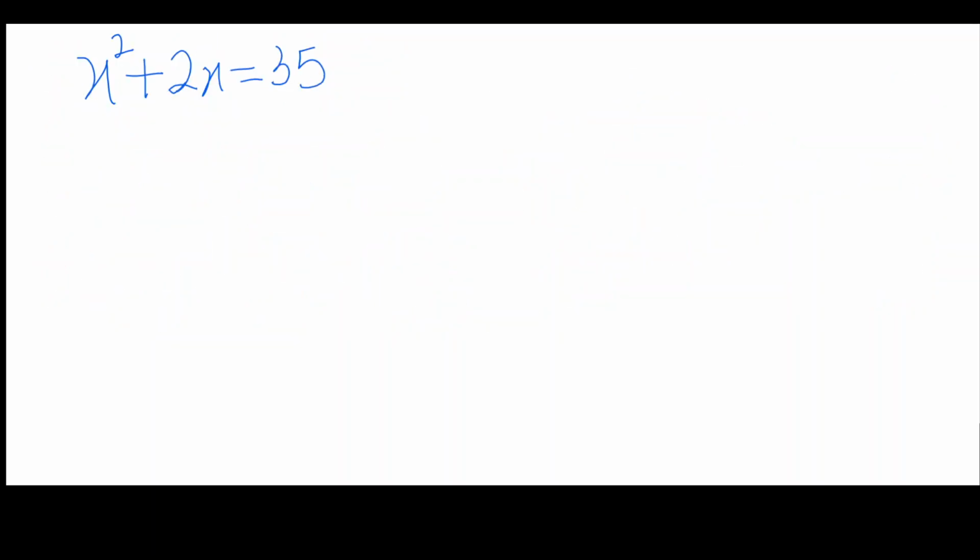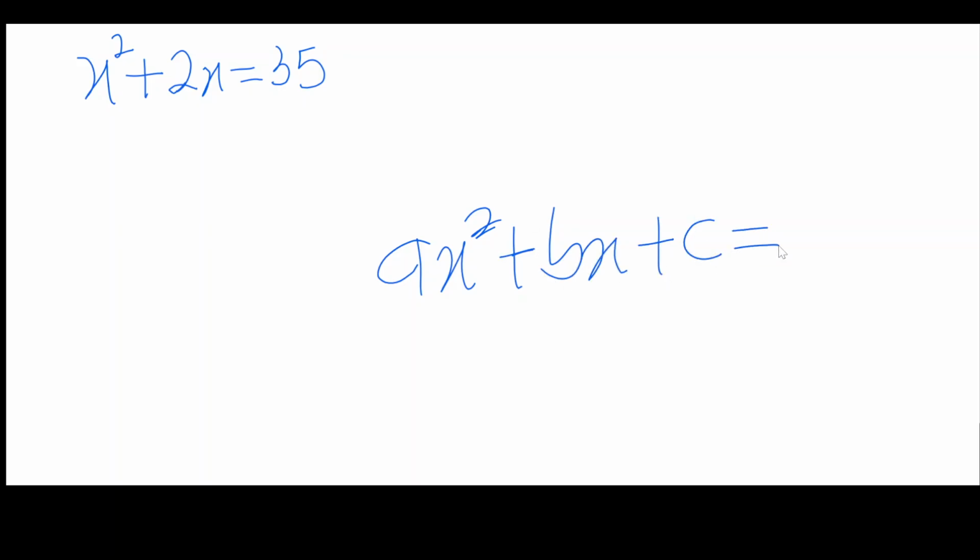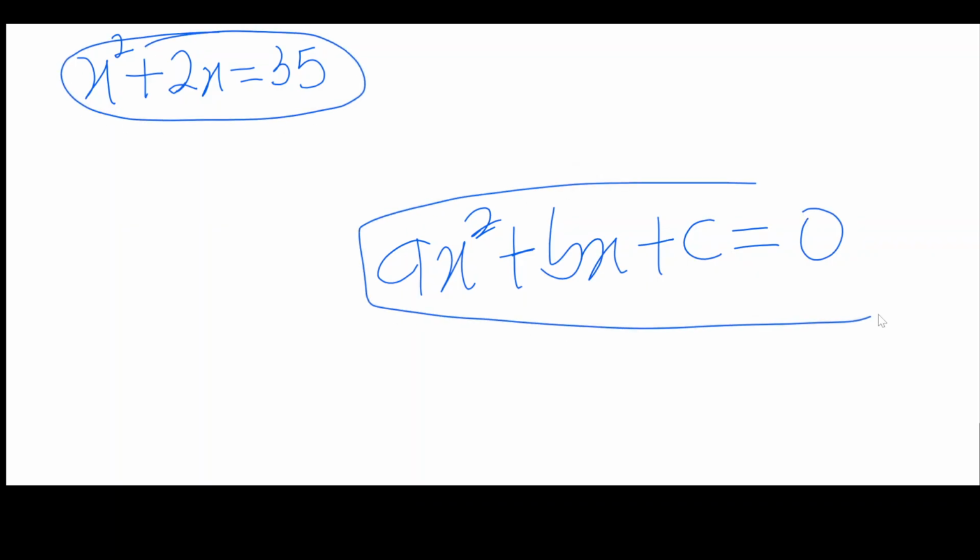So we have x squared plus 2x equals 35. All we just need to do is rearrange, because the general form of a trinomial quadratic equation is ax squared plus bx plus c equals 0. So we're going to be rearranging the question that we have here in this format.